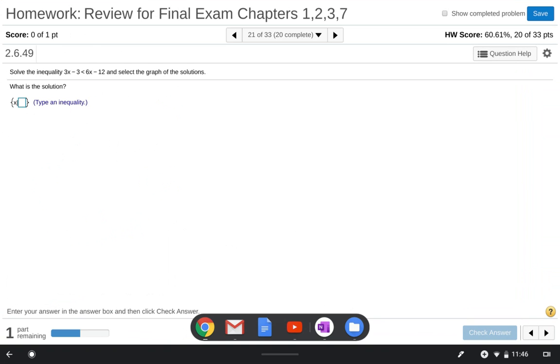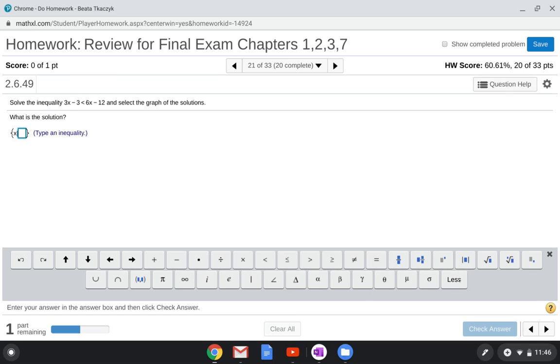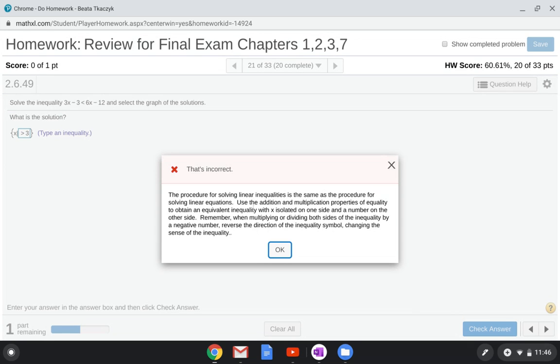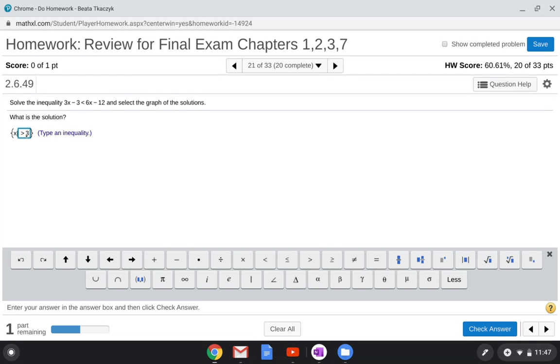Let's type that, x greater than 3. Type inequality. What's wrong?